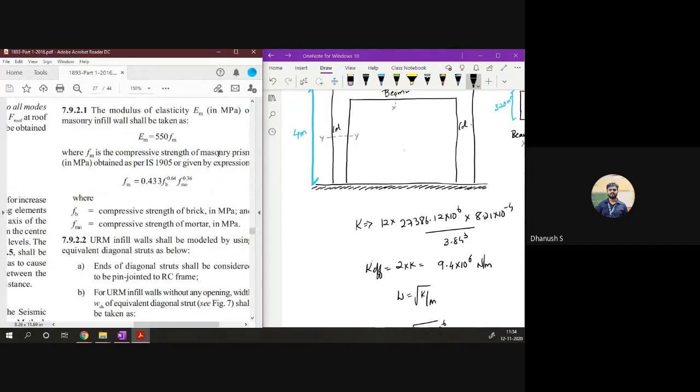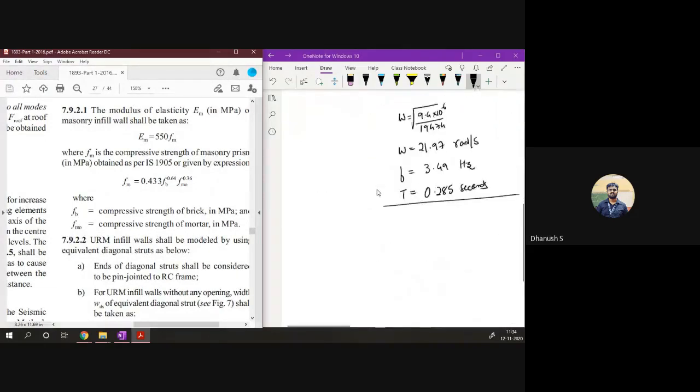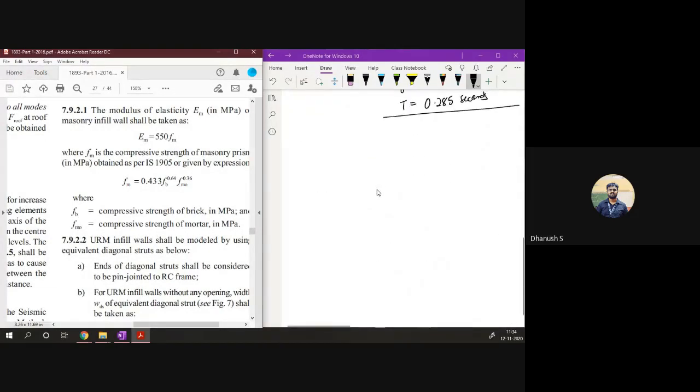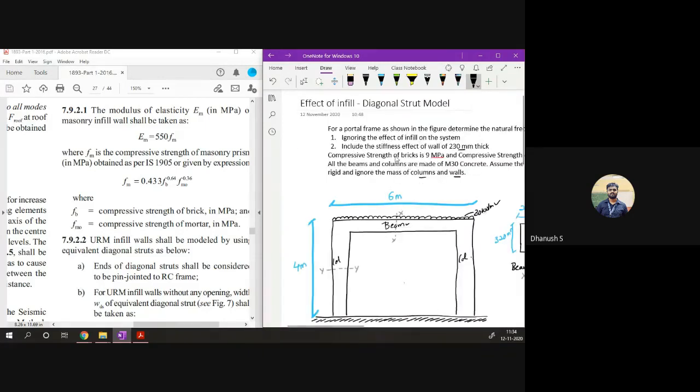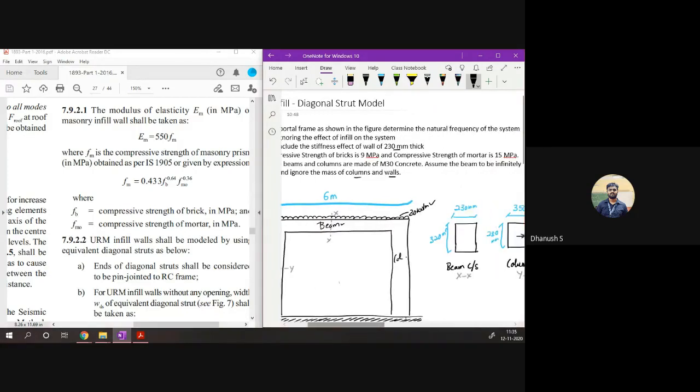First we need to find the modulus of elasticity of masonry. The formula given is 550 into the compressive strength of your masonry. But this compressive strength of masonry is not directly given. What is given in the question? Go back to the question and read. They have given you the compressive strength of bricks and the compressive strength of mortar separately.